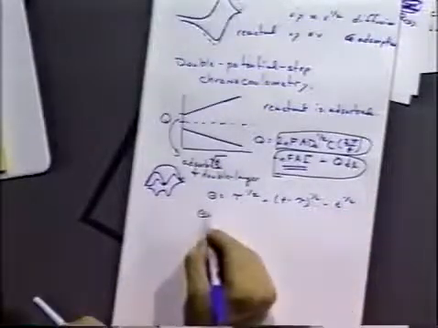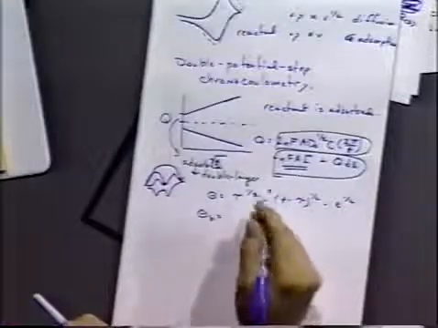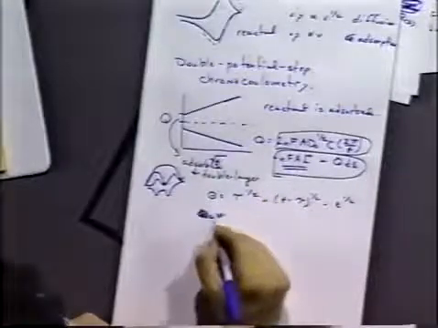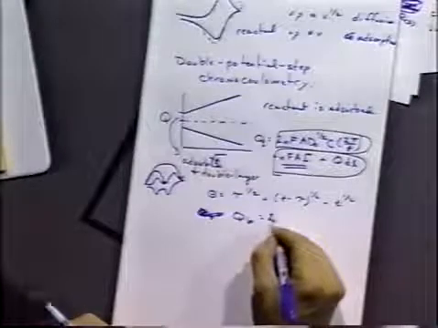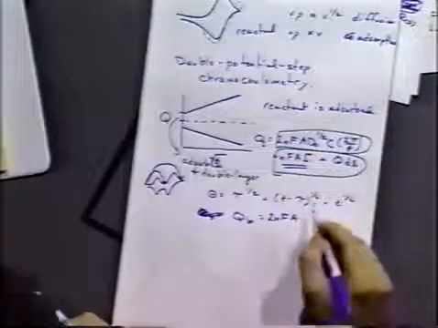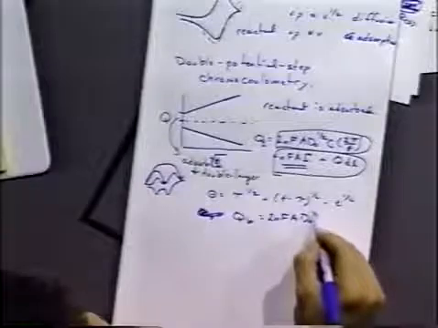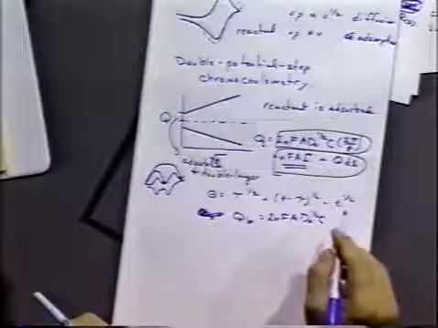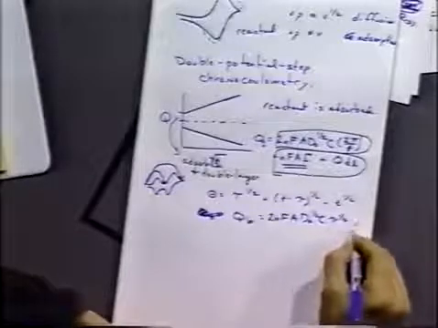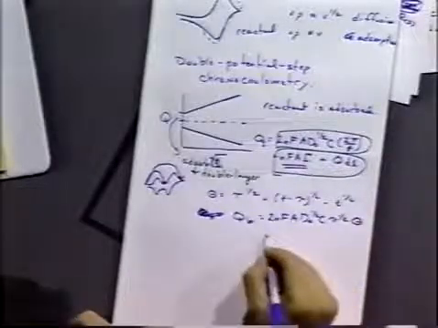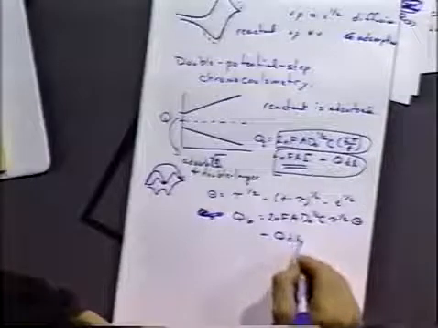And so the Q on the back process is equal to 2nFAD0 to the 1/2 C theta to the 1/2 over pi to the 1/2, plus QDL.